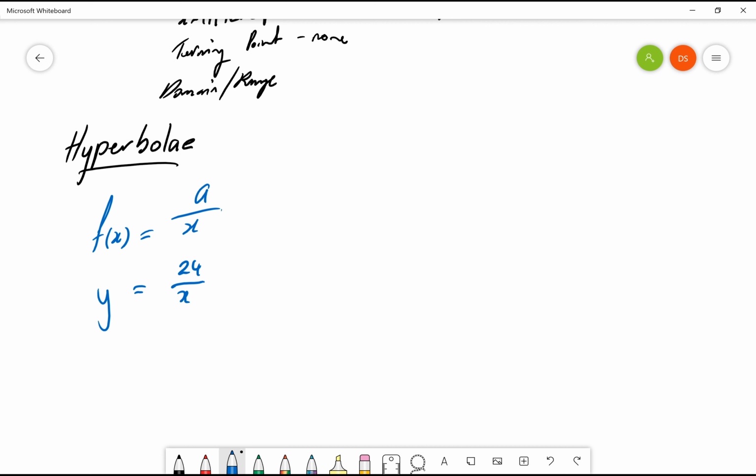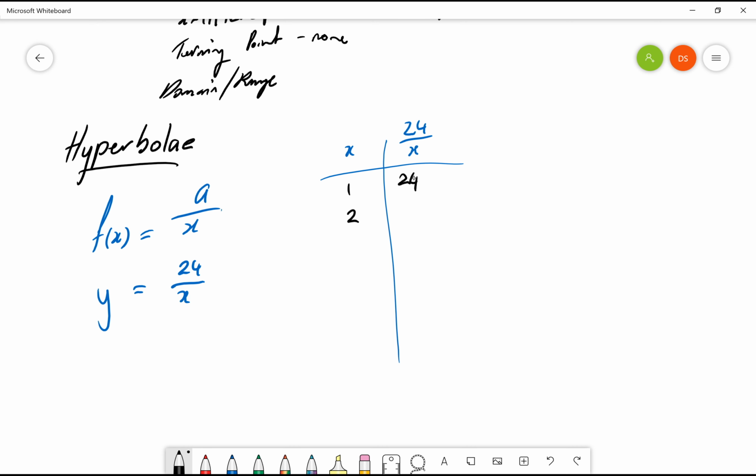24 over x. Okay. What I'm going to do is I'm going to list off x's and y's. So x and 24 over x. I'm going to start with nice ones. So I'm going to go 1. What's 24 divided by 1? 24. 2.